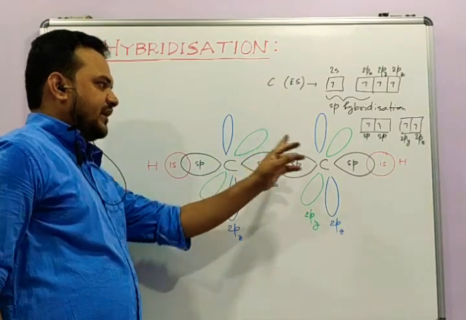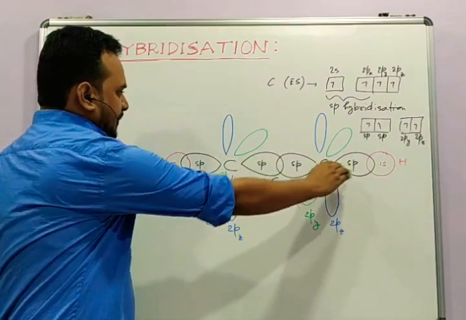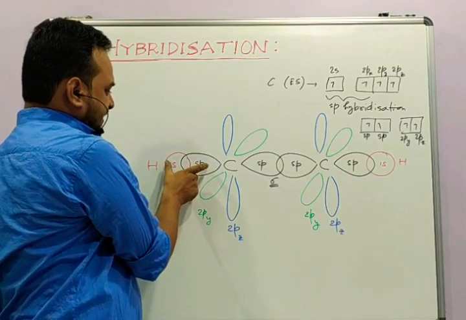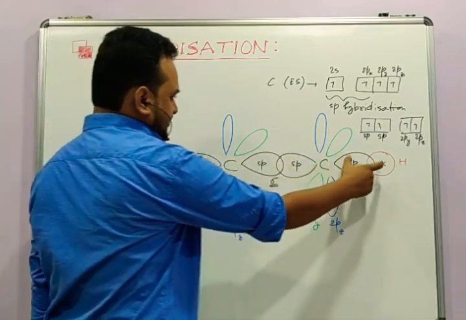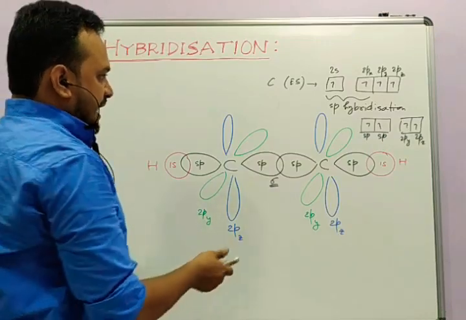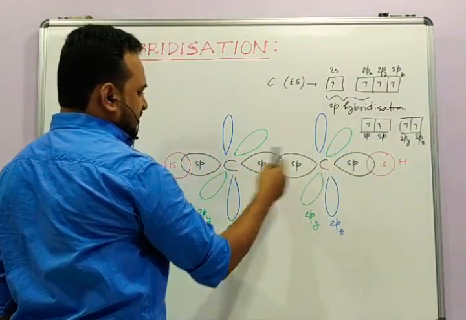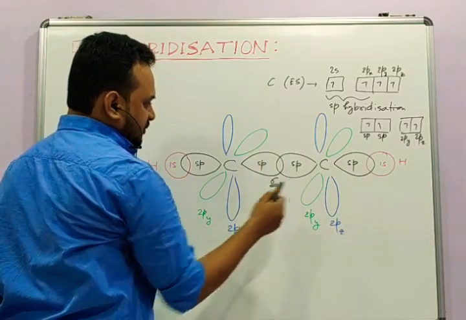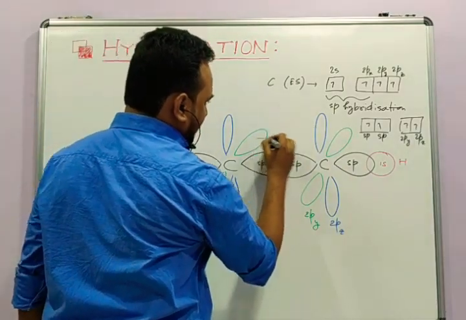Now in this orbital diagram, the sigma part is covered. The CH sigma bond is because of sp-1s, and the carbon-carbon sigma bond is because of sp-sp. Now the 2py orbitals of both these carbons are parallel to each other, so they can undergo parallel overlap like this.